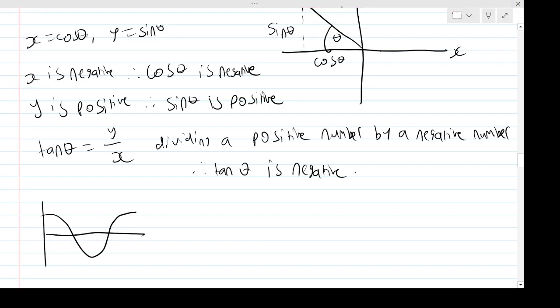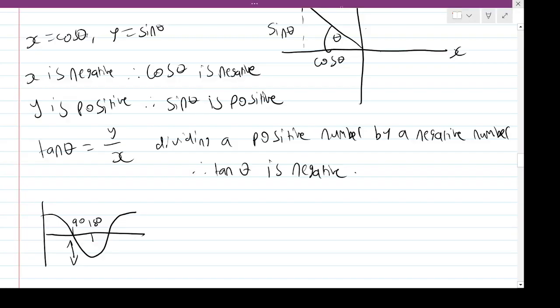Well, if 90 is there and 180 is there, we can see that the curve between 90 and 180 is underneath, so it's on the negative y-axis, meaning it's negative.